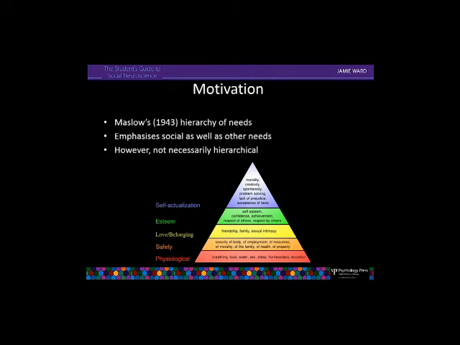Perhaps we might want to say that some are more evolved in other species than others, in the same way as we've got this culture pyramid. That might be one claim we would want to go with. But basically, it sums up the basic idea that there is a very complex thing, from the way that we treat each other at one level to the basic needs at the bottom.